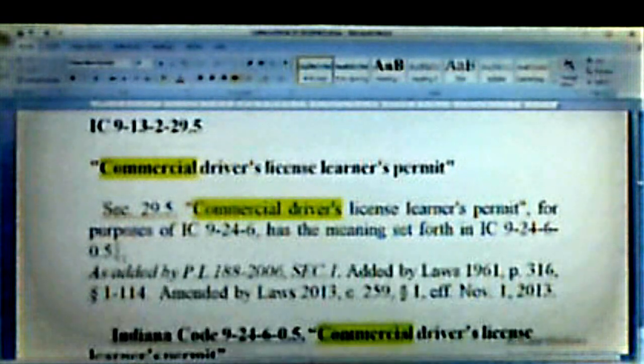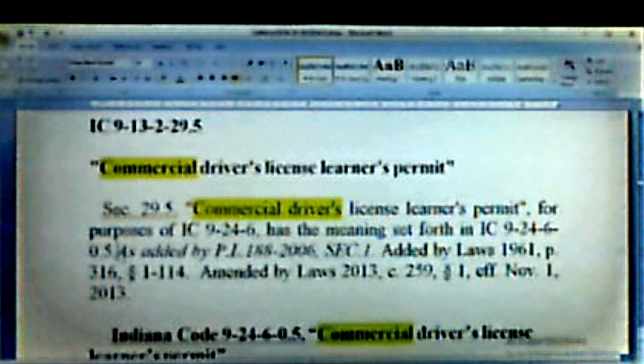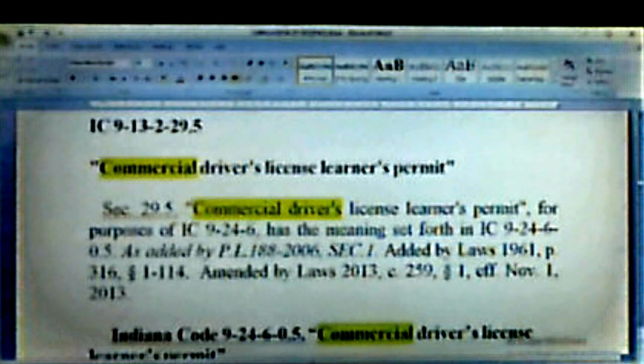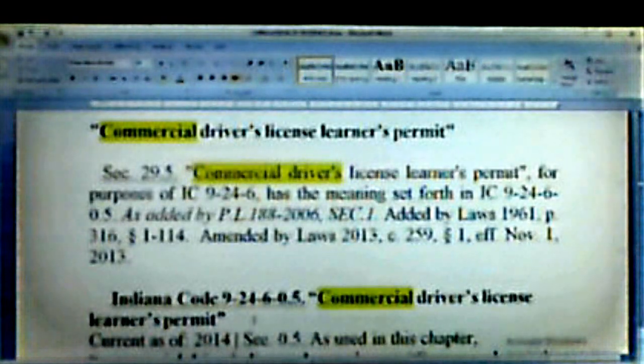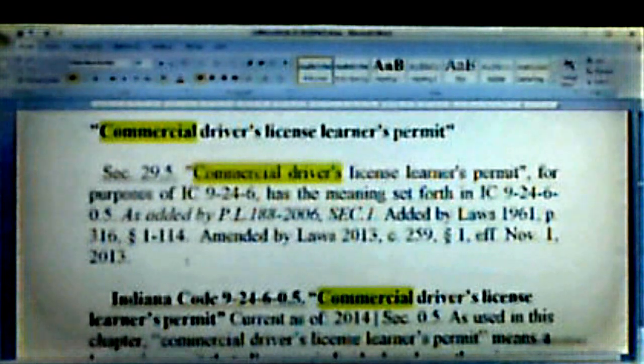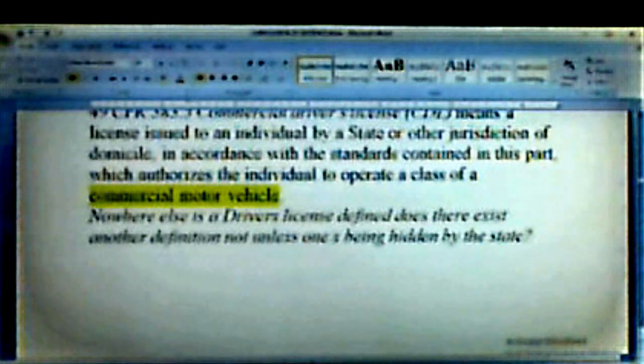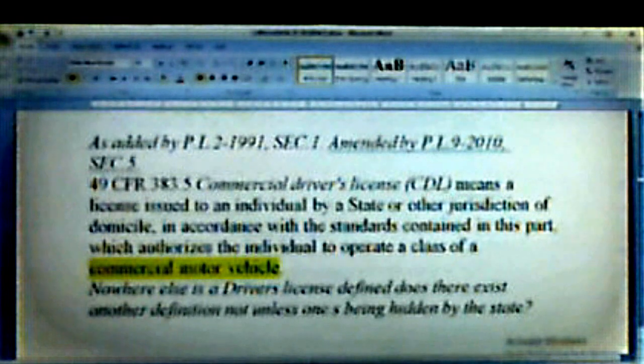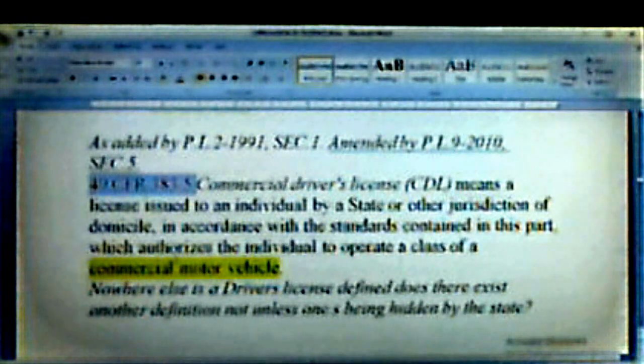So, under this little ordeal, right? And here's all the little laws that go with it. But if it's a commercial learner's permit, we already know it falls in the same category as the commercial driver's license in 49 CFR 383.5.